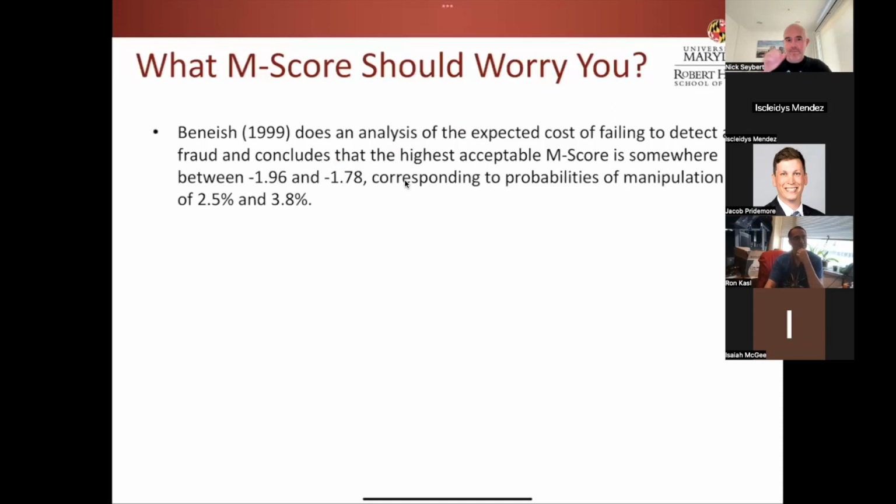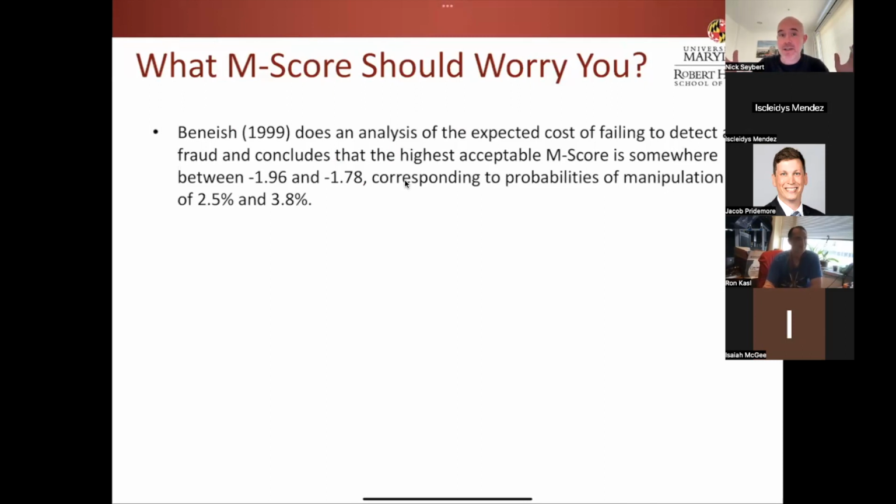So his original paper did a bunch of different analyses. The question of when you should worry is not totally clear, because it's kind of like calculating how much a company should charge you for life insurance, right? It involves a bunch of complex things, including the probability that you're going to die or get sick, and how sick you will get. It's the same thing with frauds.